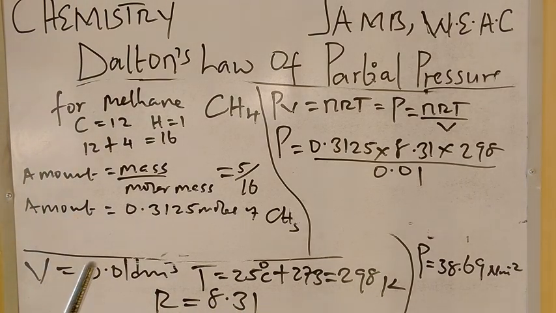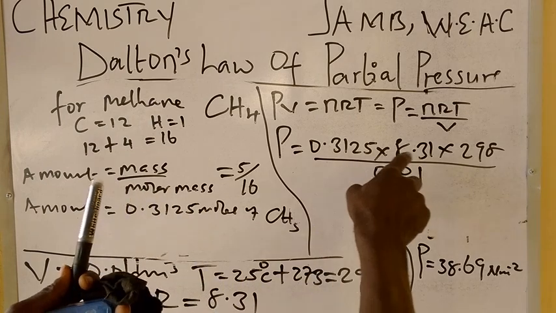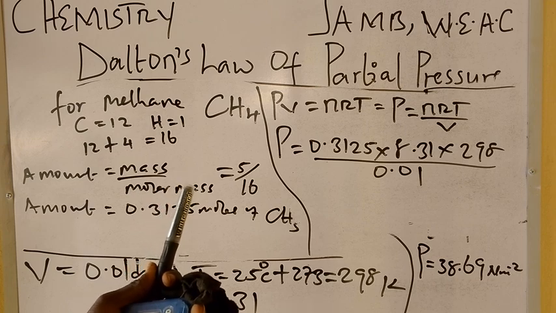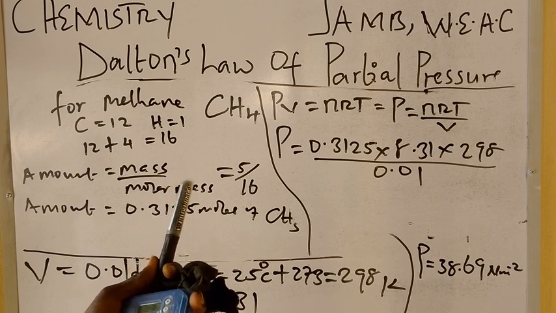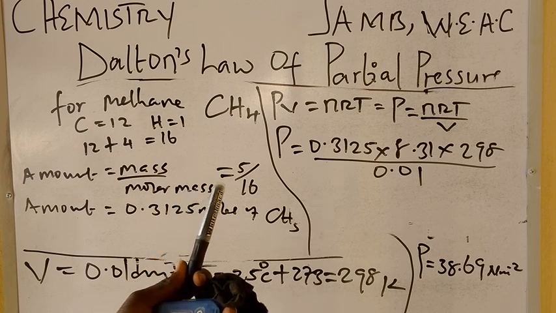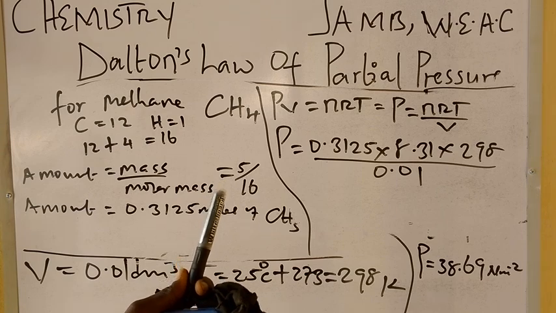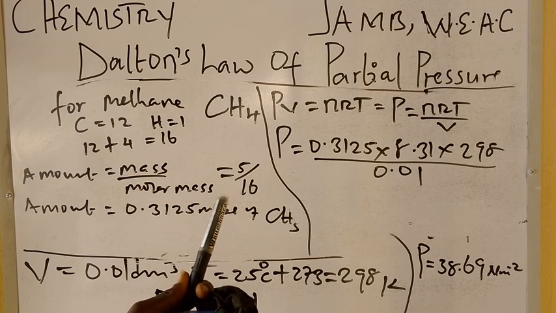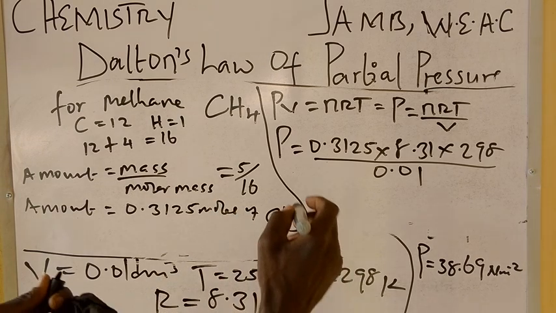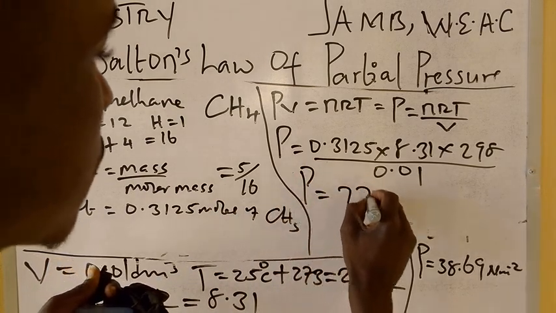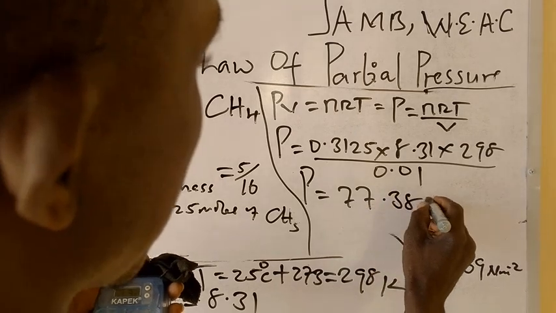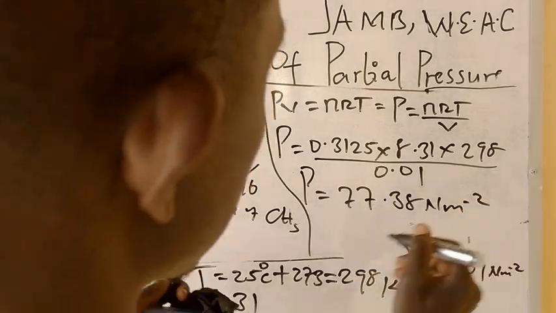Multiplying this out, 0.3125 times 8.31 times 298 divided by 0.01, we have 77.38 Newton per meter square.